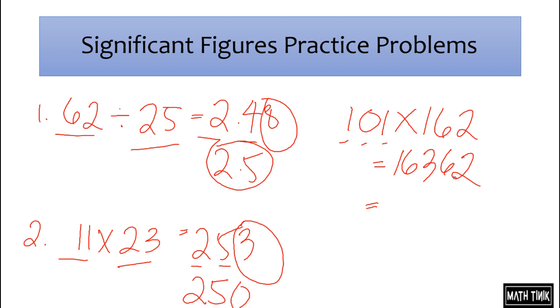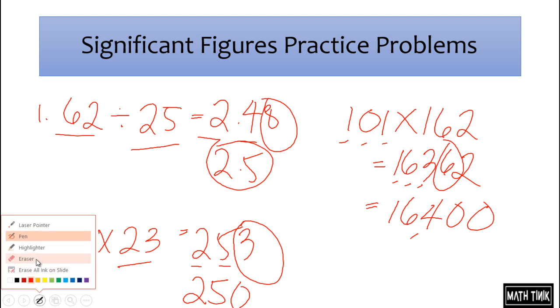But dito, meron kang 5, and therefore, you have to count 1, 2, 3, and look at the number next to it. That's 6, so we have to round up the number from 3 to 4. So, the final answer is 16,400. Okay, so let's have more examples.